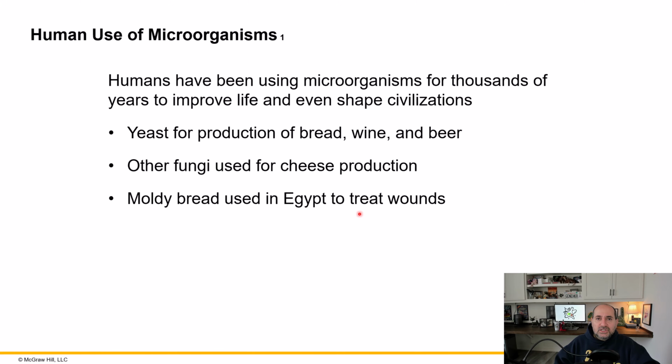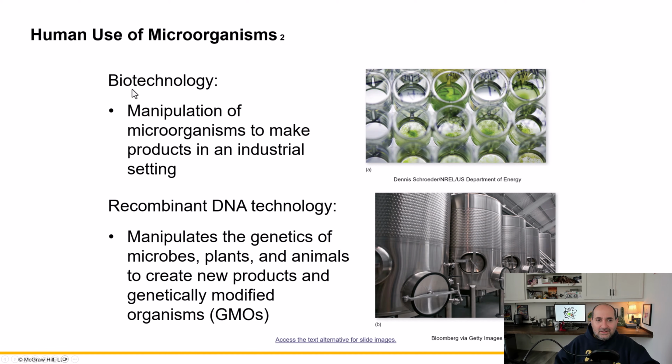Antibiotics and such. We use them for many, many of the products that they can produce for us. In the field of biotechnology, we are manipulating these microorganisms so that they can make industrial products for us, to make products that benefit humanity.